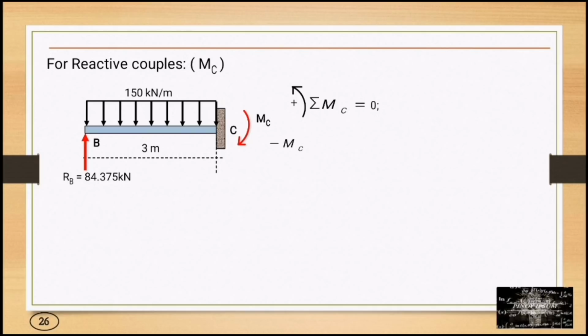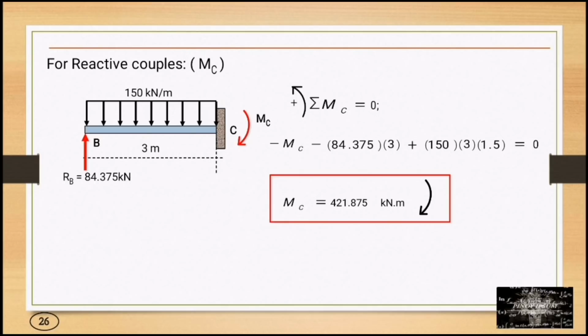So negative MC minus 84.375 times 3 plus 150 times 3 times 1.5 is equal to 0. So yung MC is equal to 421.875 kilonewton meter. So this is clockwise. Okay.